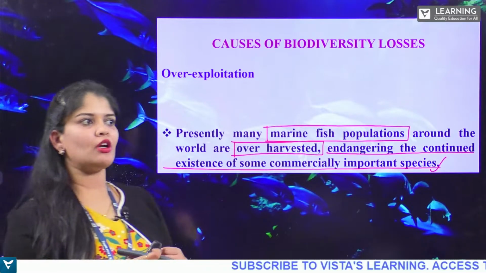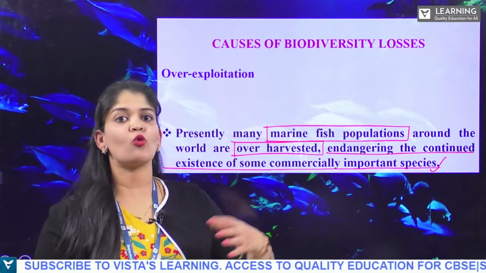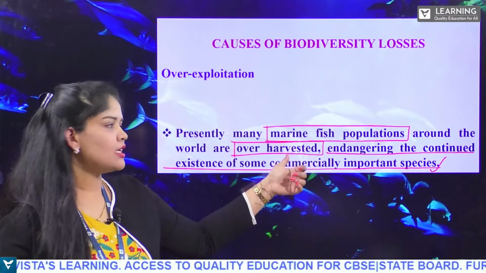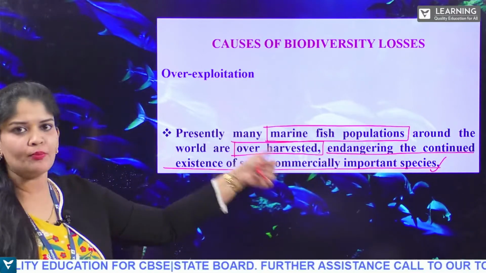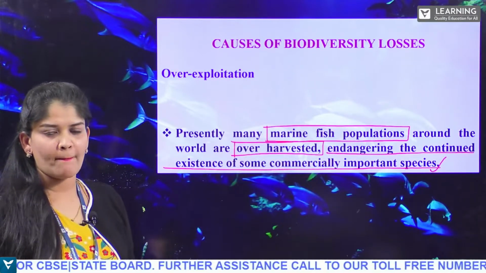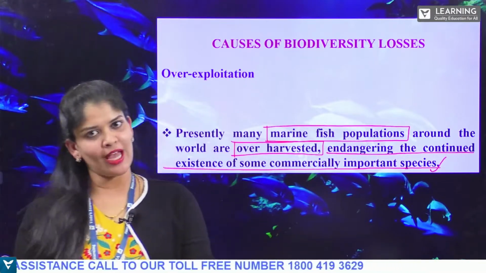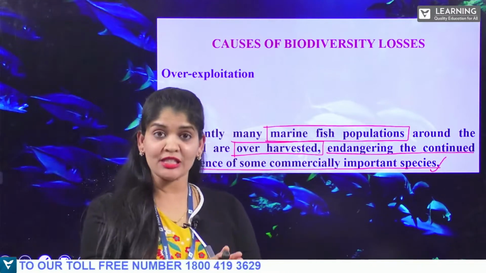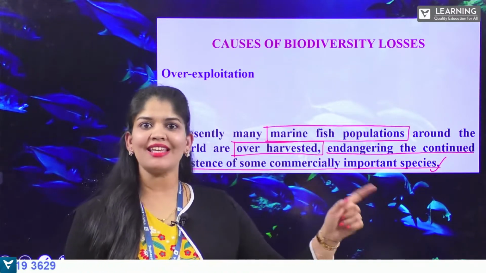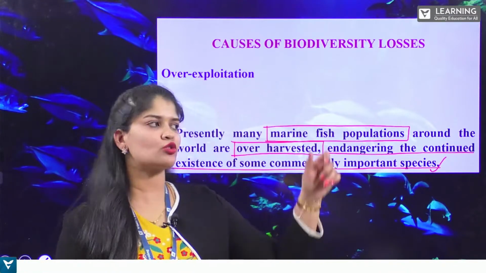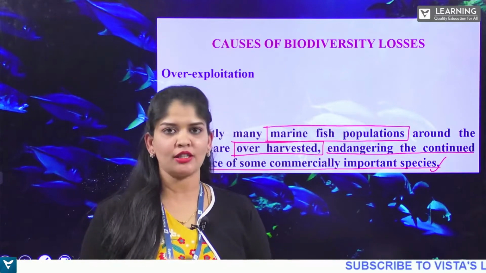See, if we keep on catching the fishes over and over, which leads to over-exploitation, over-harvesting, then it definitely leads to endangered conditions of these commercially important species. We have to maintain such a level that harvesting happens, and the race also must continue, must be in existence. It should never move towards extinction, but the existence of all the commercially important species has to be maintained by human activities itself.